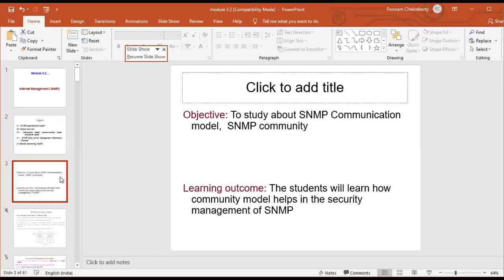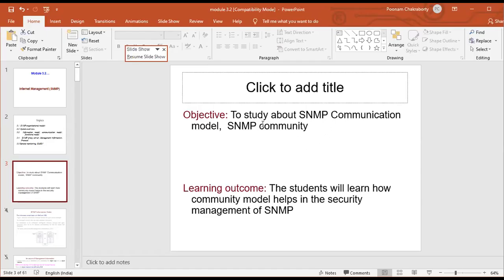Now, what we are going to, I will not start, how much time is there? Let me see. 9 minutes is there, but I will not start it. What we will study actually is the communication model, which we have already studied, and the SNMP community. Remember when I was sharing the models, information model, communication model, organization model, functional model, the word security parameters came into picture.